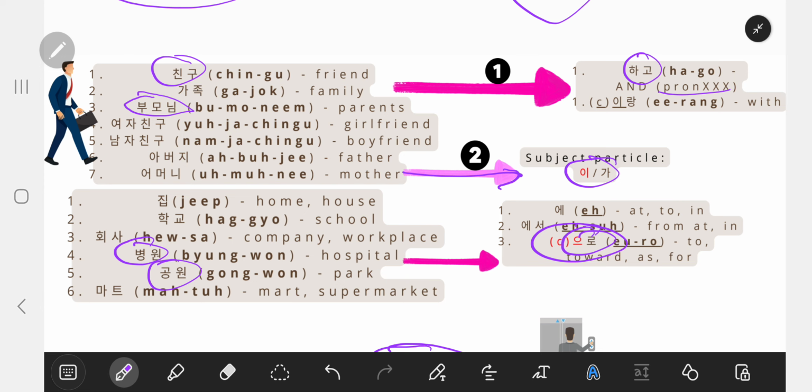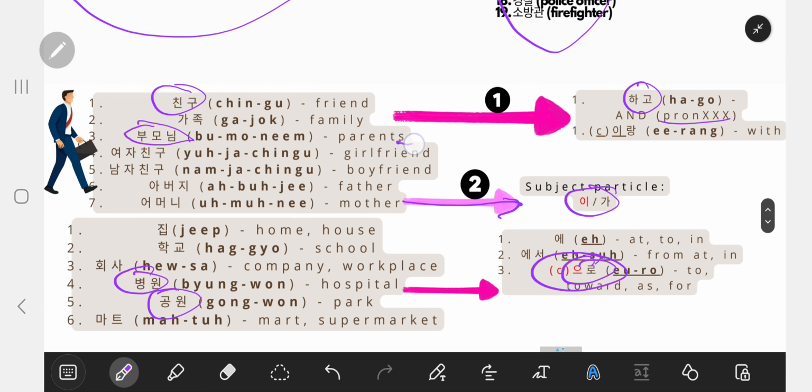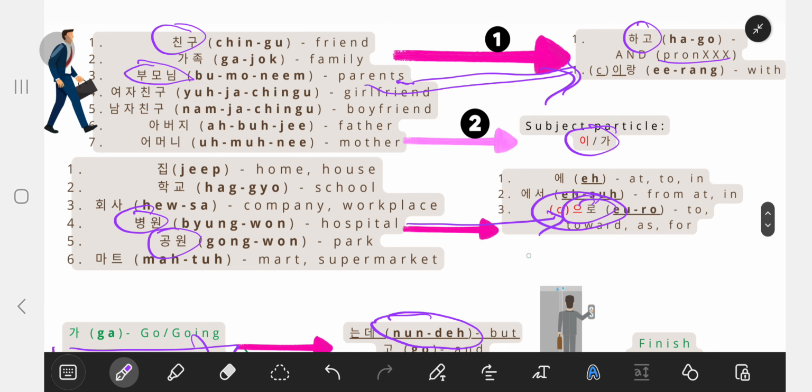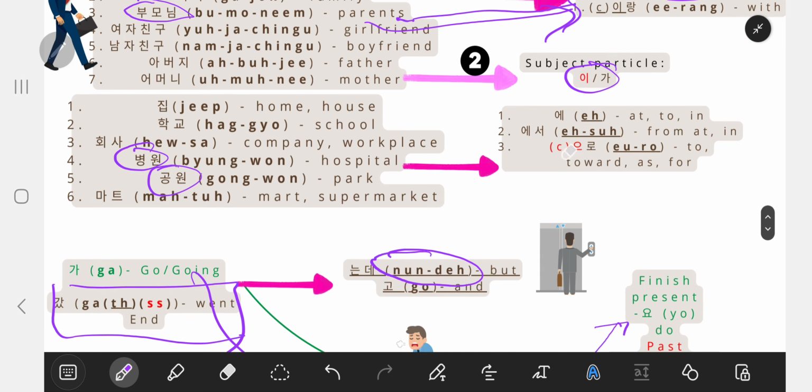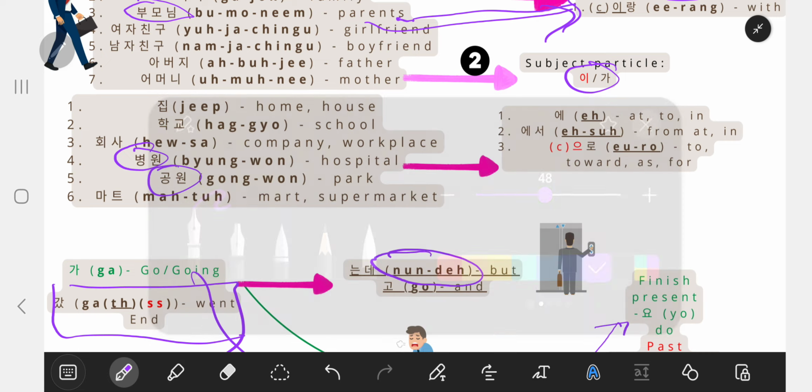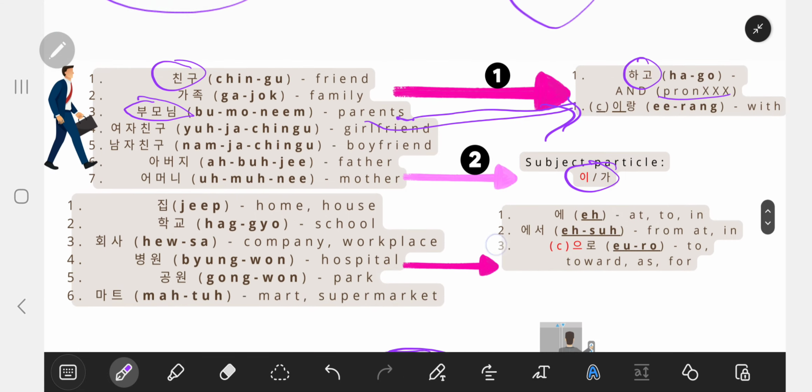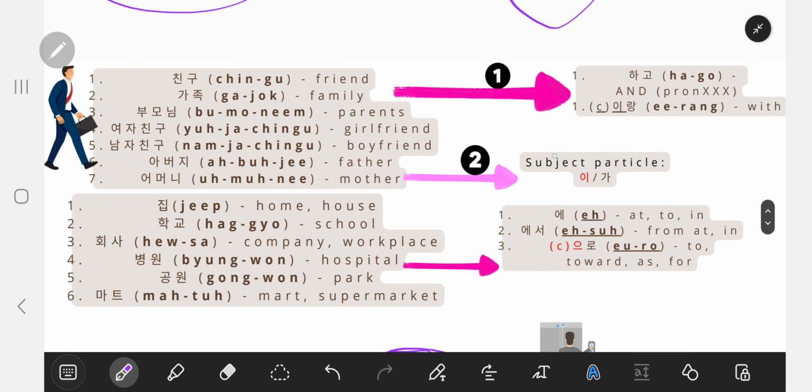We're talking with the parents first. So 부모님하고, so we don't do this one. 부모님하고 병원으로, let me just make this bigger so we know what we're talking about. Okay. Excuse me, not 친구. Why do I keep doing that?